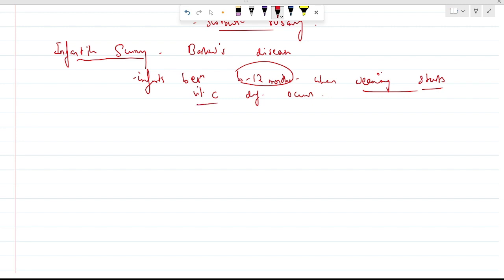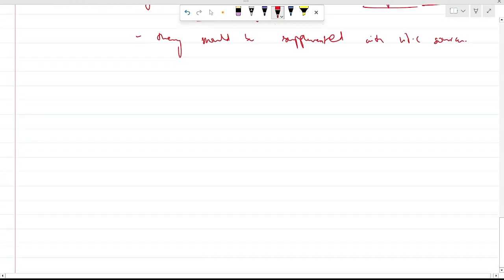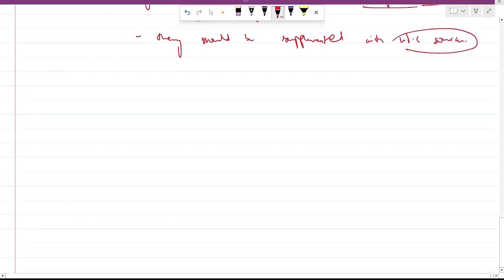This is infantile scurvy or Barlow's disease. So they should be supplemented with vitamin C sources. These infants should be supplemented with sources of vitamin C.